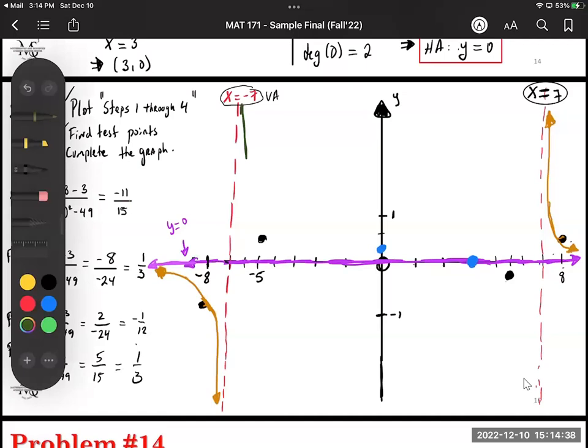So you're getting closer and closer to x equals -7 from the right. It's decreasing. And it keeps that trend going. So as you're getting closer and closer now to x equals 7, it's decreasing without bound.